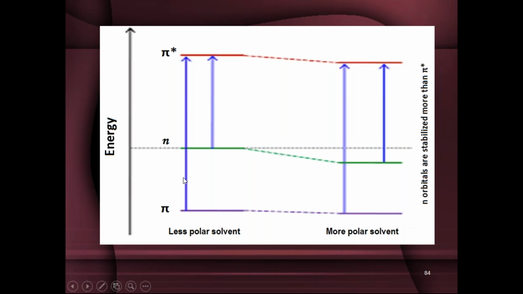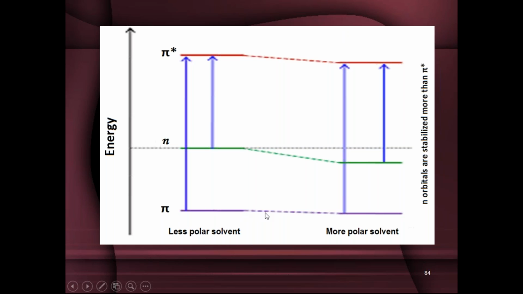As we saw in the pi star transition, the excited state is more polar, it is stabilized more, and it is lowered more because of more dipole-dipole interactions. So you see the energy of this pi star in the presence of a more polar solvent coming down. So what happens to the gap between these?